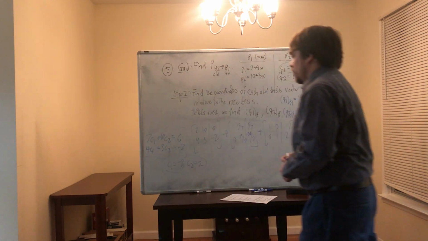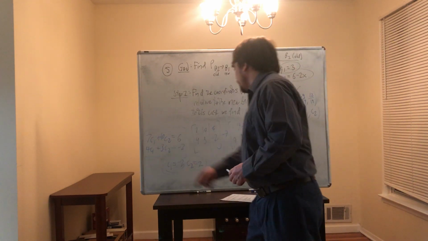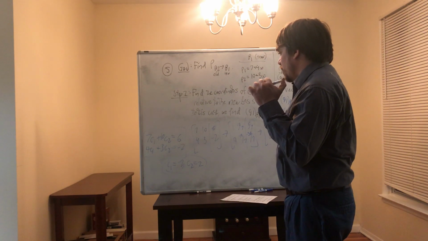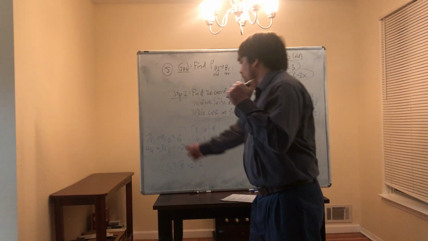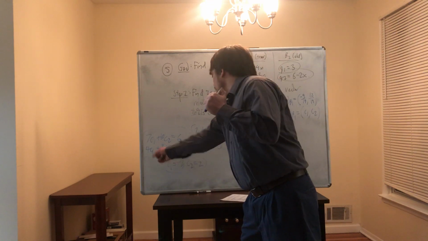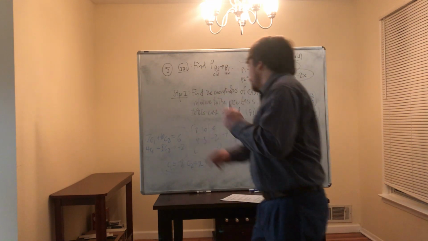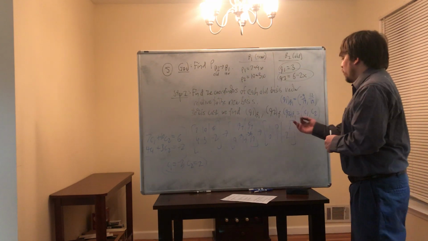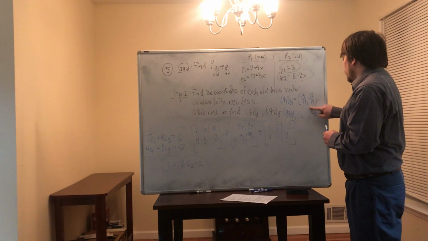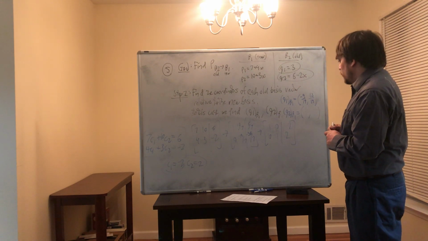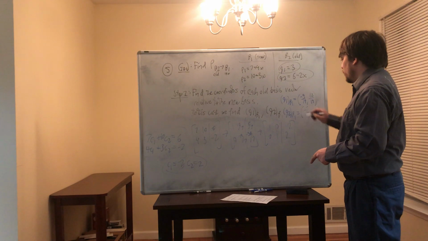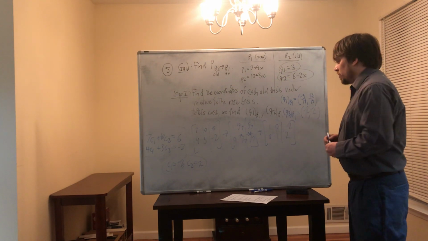That's an easy solution. So you plug them in, you get negative 14 plus 20 is 6. You get negative 8 plus 6 is negative 2. So those two work. And so the coordinates of Q2 relative to B1 is equal to C1, which is negative 2, comma C2, which is 2.